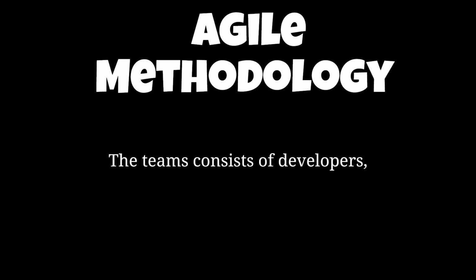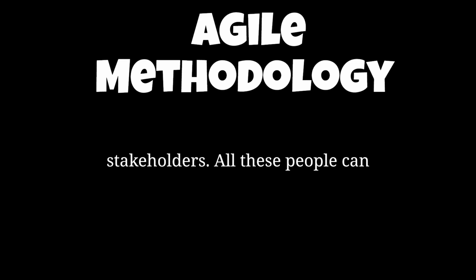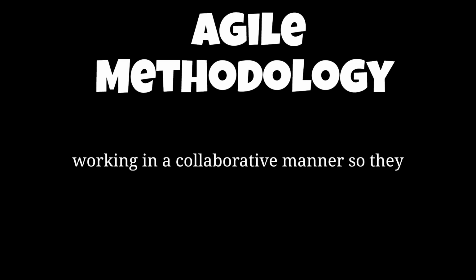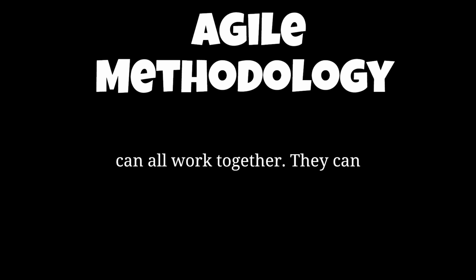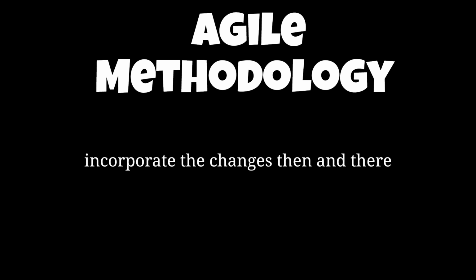The teams consist of developers, testers, designers, and business stakeholders. All these people can work together to complete the product. The teams are working in a collaborative manner. So they can all work together, they can incorporate the changes then and there, and work as a team.